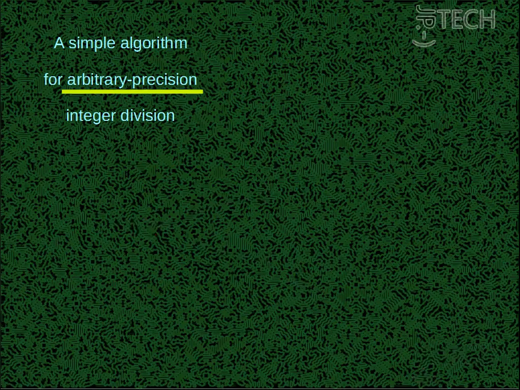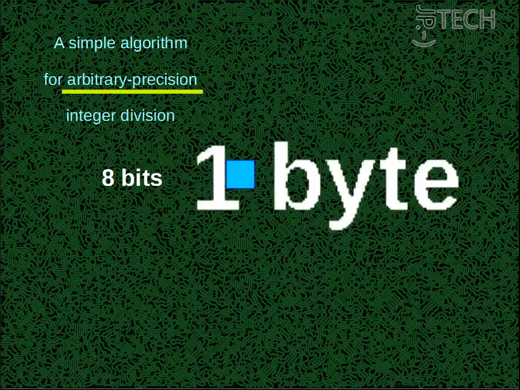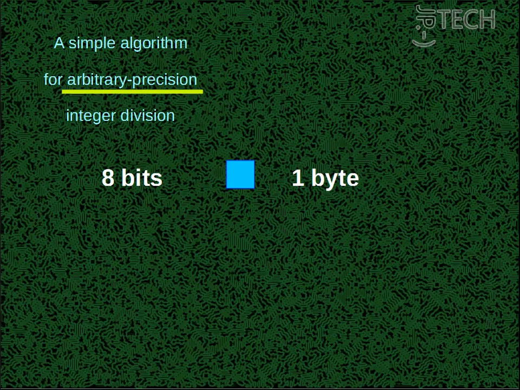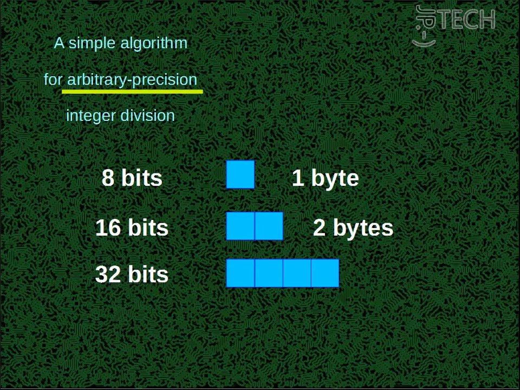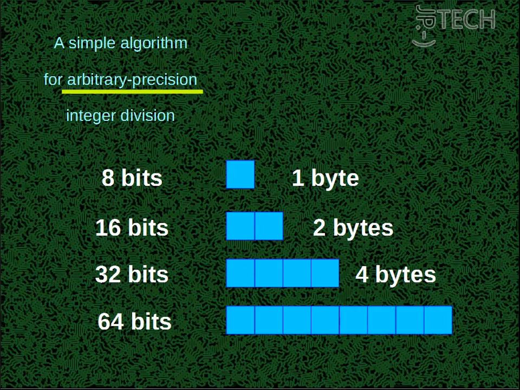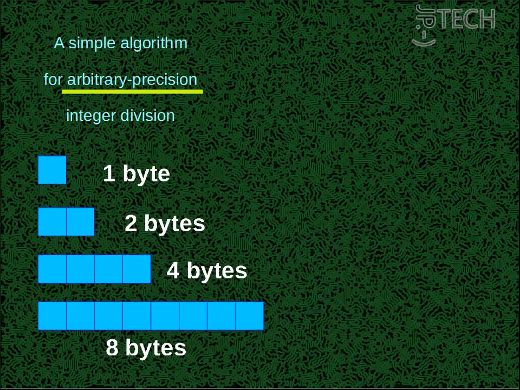We group bits together in groups of 8, which is 1 byte, or multiples of 8, such as 16, which are 2 bytes, 4 bytes are 32 bits, or 8 bytes are 64 bits. 1 byte is capable of storing any number from negative 127 to positive 127. That means that 1 byte can effectively store any 2-digit number from negative 99 to positive 99.